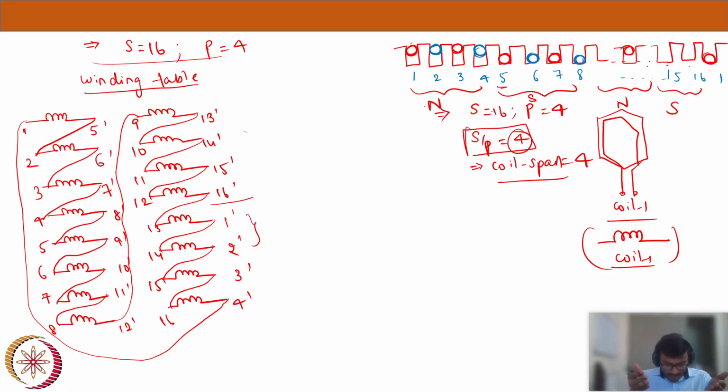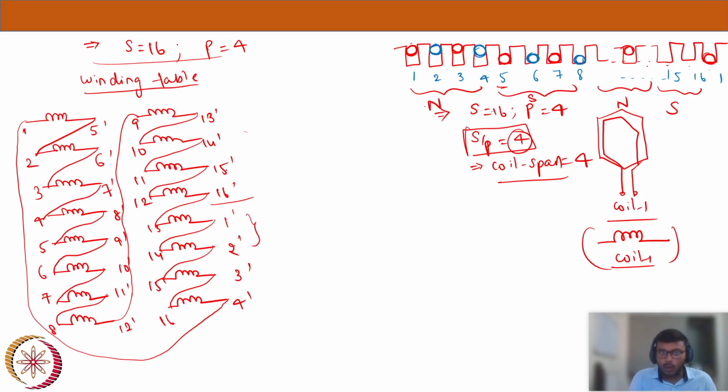Now all coils are rotating under the magnetic field. Whenever a conductor rotates under a magnetic field, EMF will be induced. That's Faraday's law. Now, the polarity of the EMF we will have to observe, because each coil is under one of the poles inside the motor. So the first 4 coils, let's say, are under the influence of the north pole.